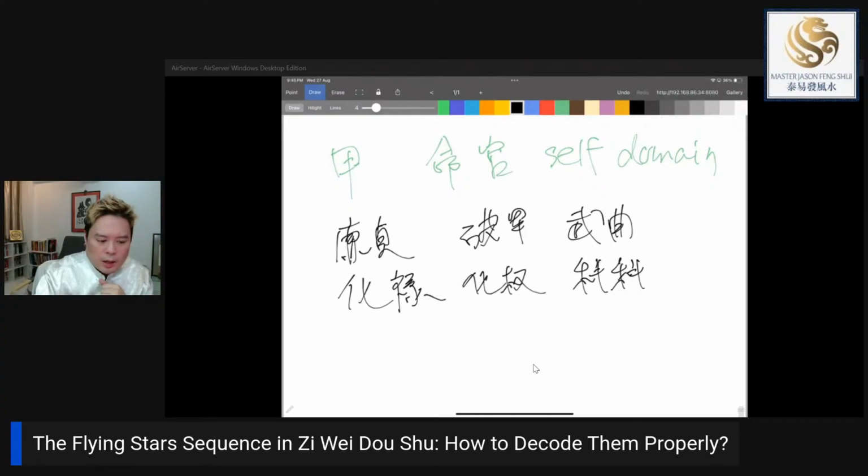Additionally, 太阳 will see 化忌. So, basing on whatever I have taught you just now, how do we interpret such a chart? Okay, 太阳 will be having 化忌.